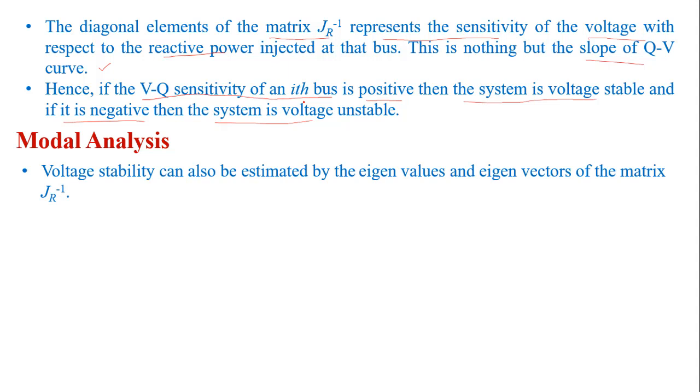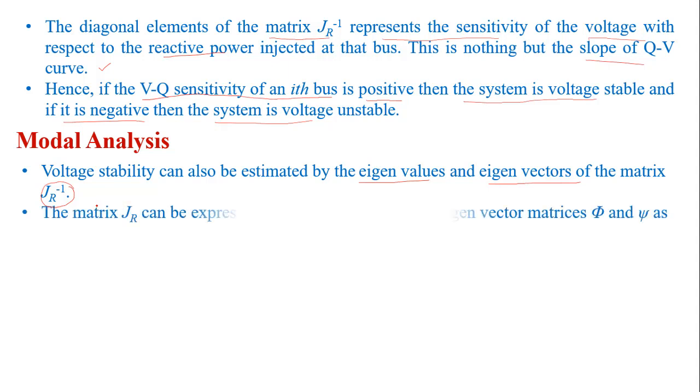So voltage stability can also be estimated by eigenvalue analysis, or eigenvalues and eigenvectors of the matrix. The JR inverse we have taken, if we can define it in terms of eigenvalues and eigenvectors, we can easily do the modal analysis.